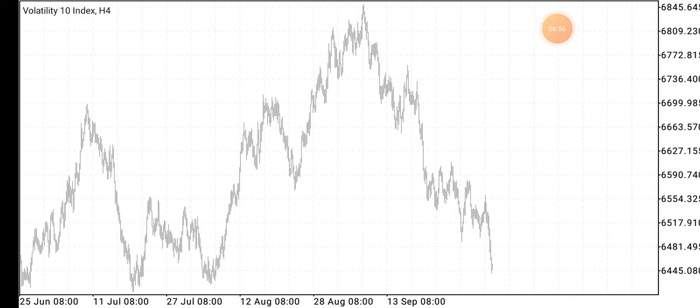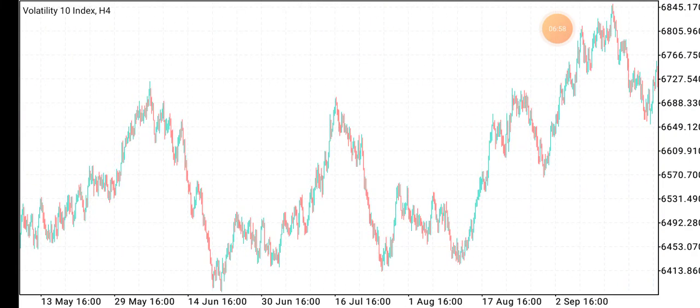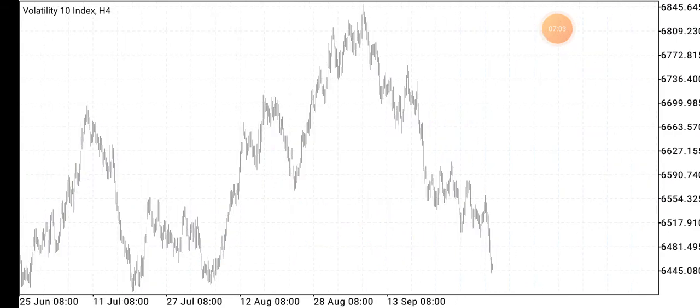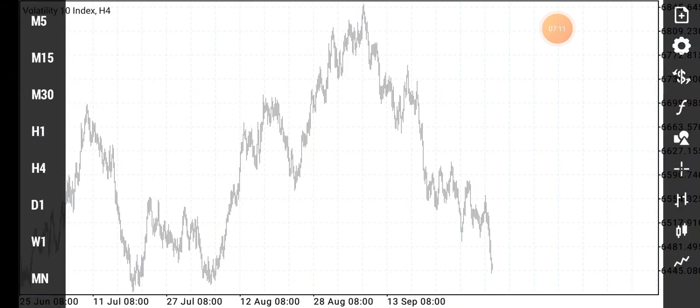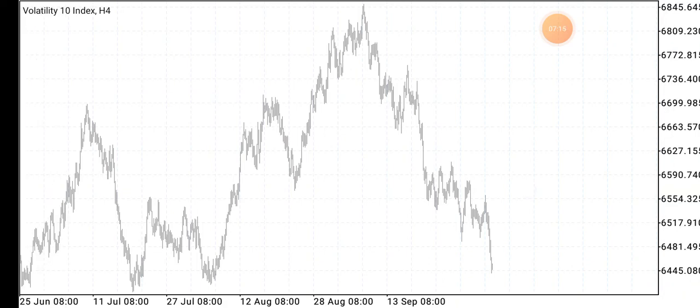Swing traders want to analyze the upper end of the market, so they start from the 4 hour time frame upward. 4 hours, daily, that's what they use.